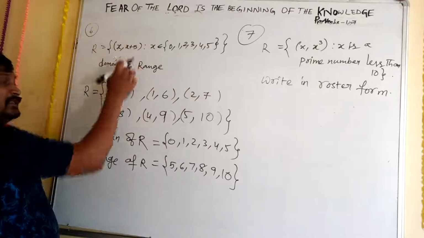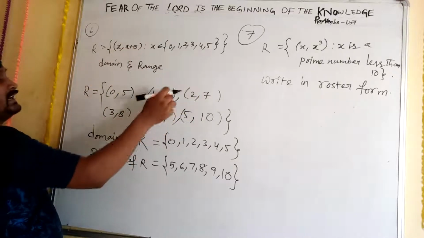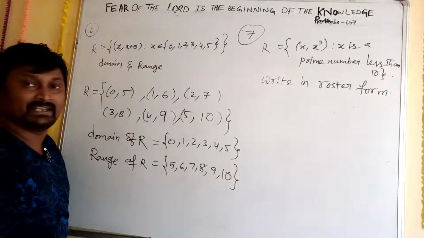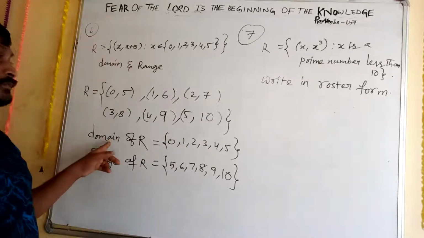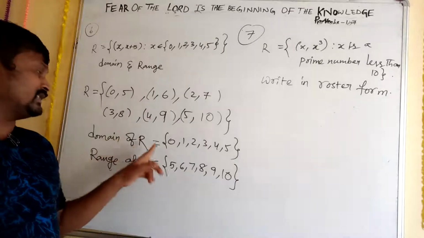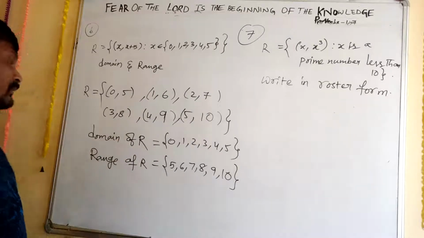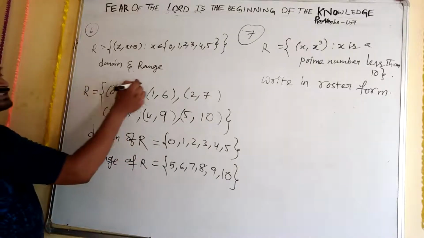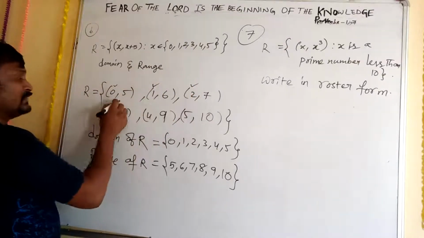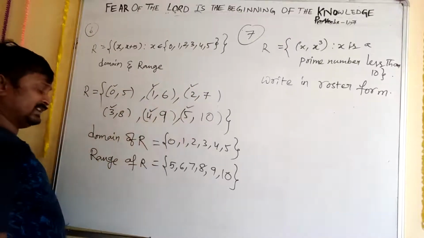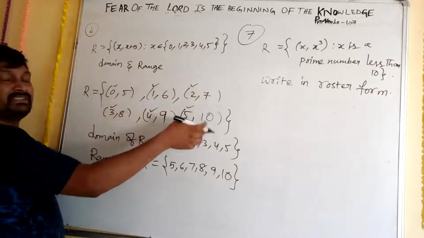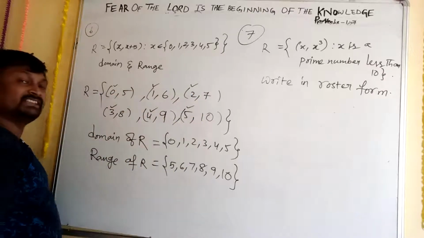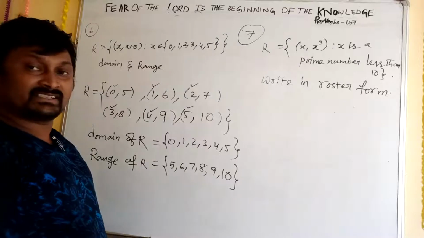Next 3 plus 5, 8. 4 plus 5, 9. 5 plus 5, 10. Clear now? So after getting this, we need to write what is the domain of R, what is the range of R. Domain of R means which are the first elements. For first elements, we call it a domain. Whichever second elements, the results which were there, that is your range. Clear? So that is about it.